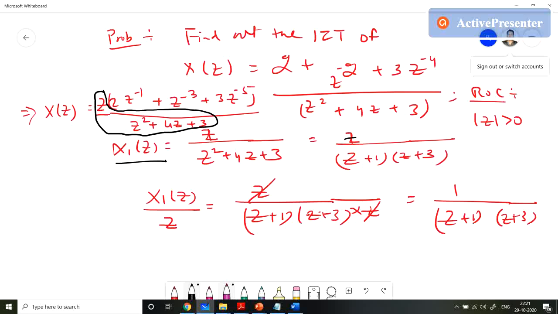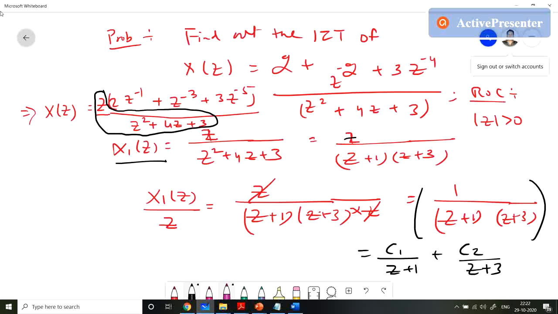X1(z) divided by z is written as 1 divided by (z plus 1)(z plus 3), and that is nothing but equal to C1 divided by z plus 1 plus C2 divided by z plus 3.